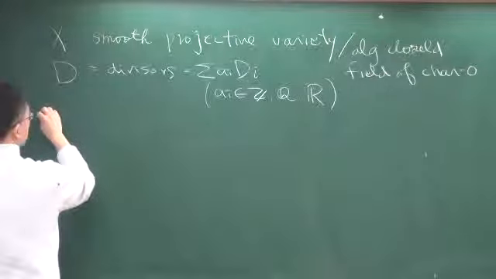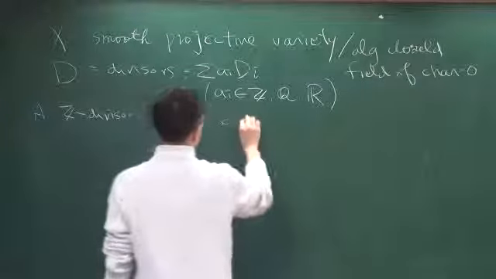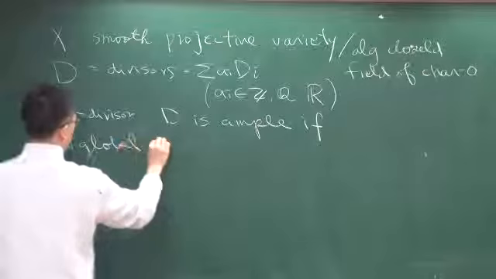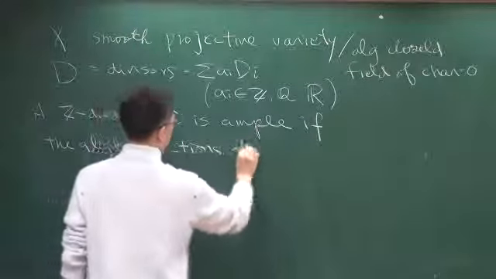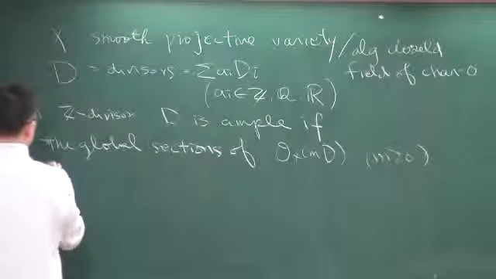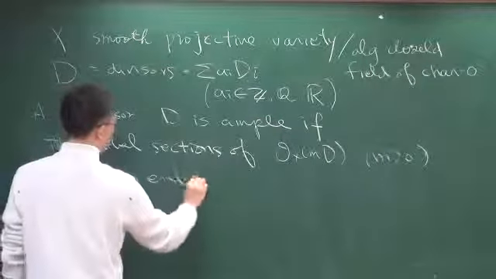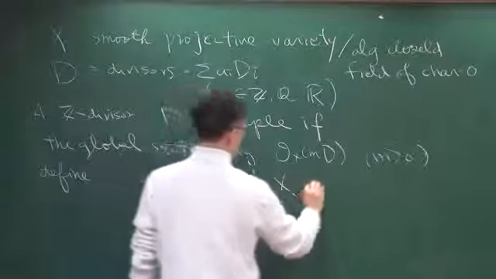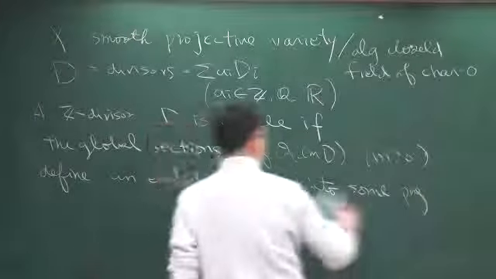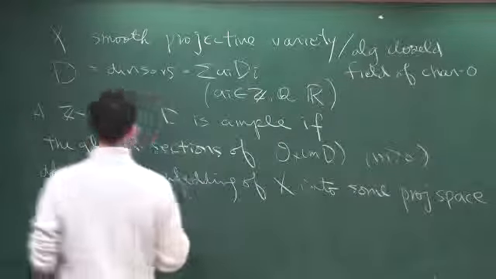On X, a Z-divisor D is ample if the global sections of mD, for some positive integer m, define an embedding of X into some projective space. Okay, so this is a standard definition of ample divisors.